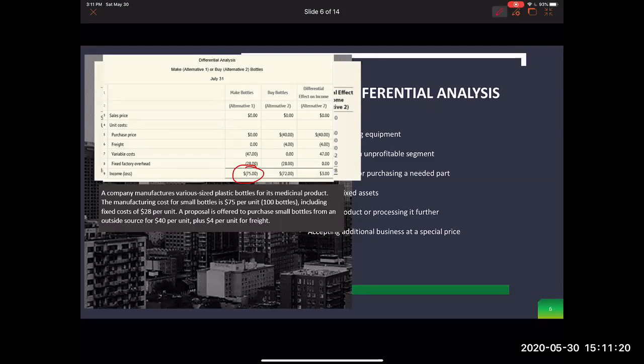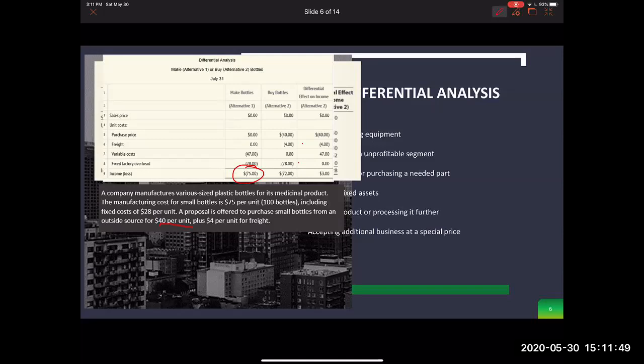If we decide to buy the bottles, it's going to be $40 per unit plus the $4 in freight. In our prior example, there was no freight included, but remember, if you're going out to an outside vendor, you have to pay for freight, especially if they give you that information in the problem. So the purchase price is the $40, plus we have to include freight, and our fixed factory overhead remains the same between both alternatives.